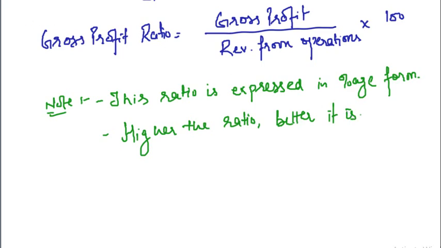Clear? So these are the two factors between which we establish the relationship: gross profit and revenue from operations. Clear? This ratio is expressed in percentage form. Higher the ratio, the better it is. Clear?